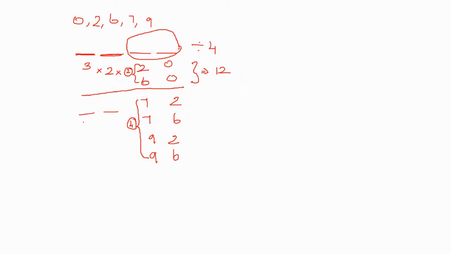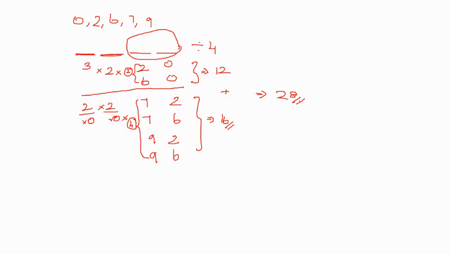In the thousands place we can't use zero, so only two more digits are possible, and in the hundreds place zero can also be used, so once again two more digits are possible. So 2 into 2, combined with these four, you get 16 such numbers. Overall, you get 28 as your value.